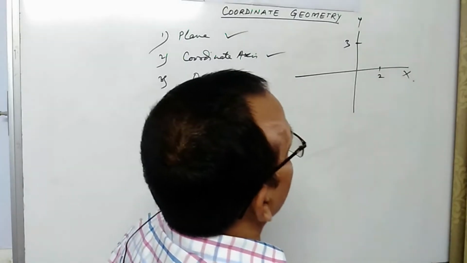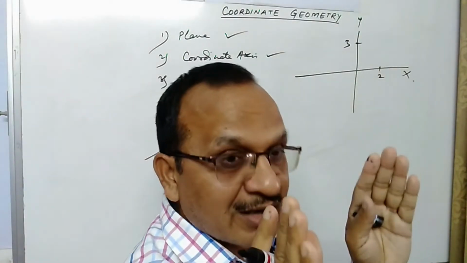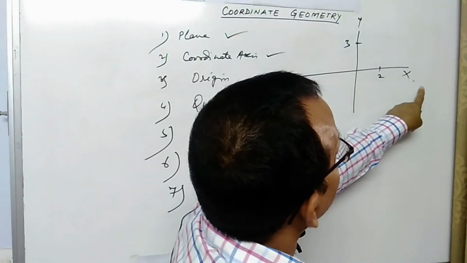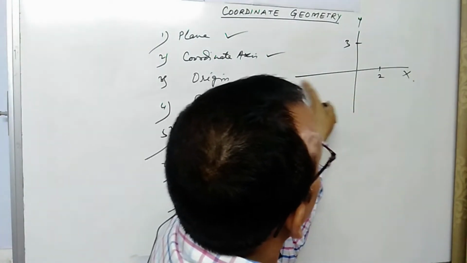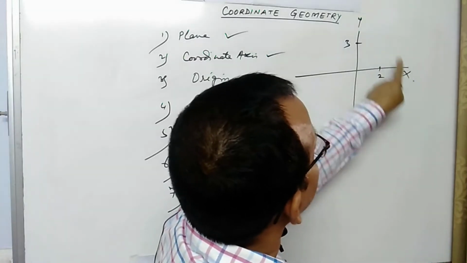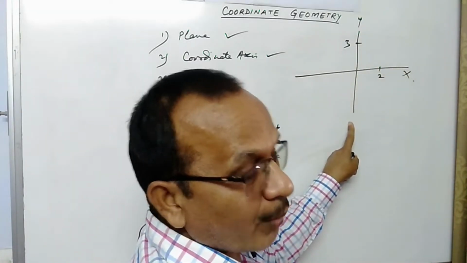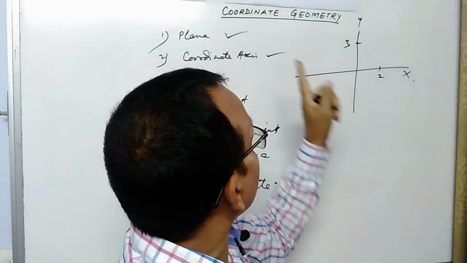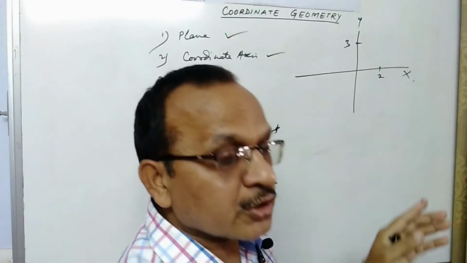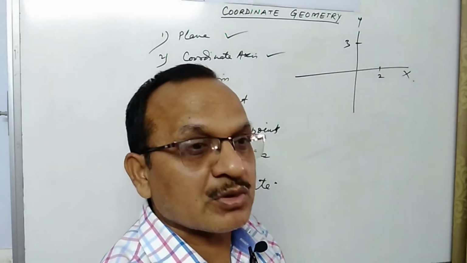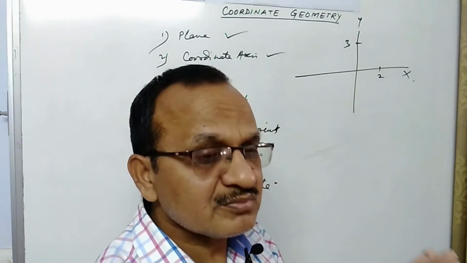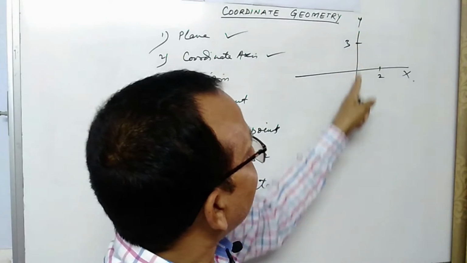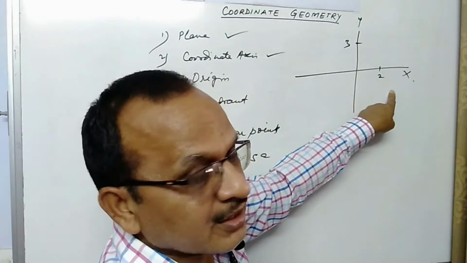These lines are called coordinate axes, whereas the horizontal line is called x-axis and the vertical line is called y-axis. Is it clear? That is, in order to locate a point in a plane, two mutually perpendicular lines are drawn. The horizontal line is called x-axis, whereas the vertical line is called y-axis.